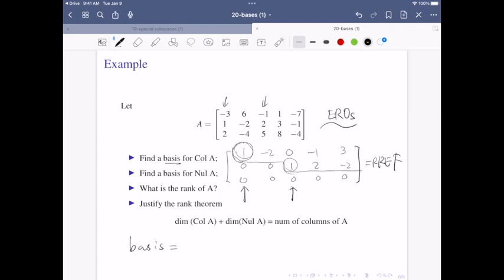So the basis has two vectors in this example. And what is the dimension of this column space? Then we can say the dimension of the column space of A is 2, which is the rank of A.